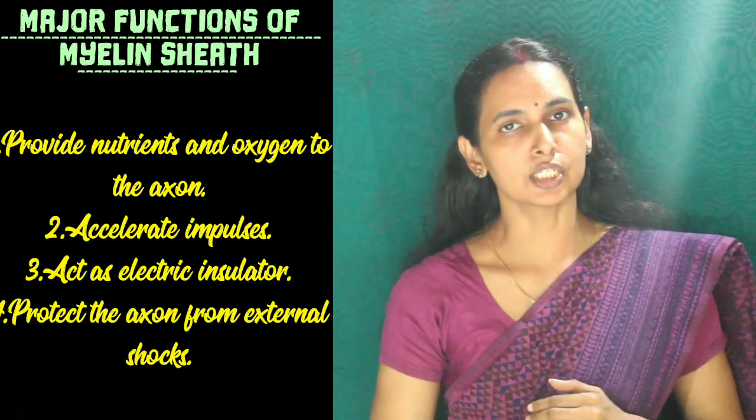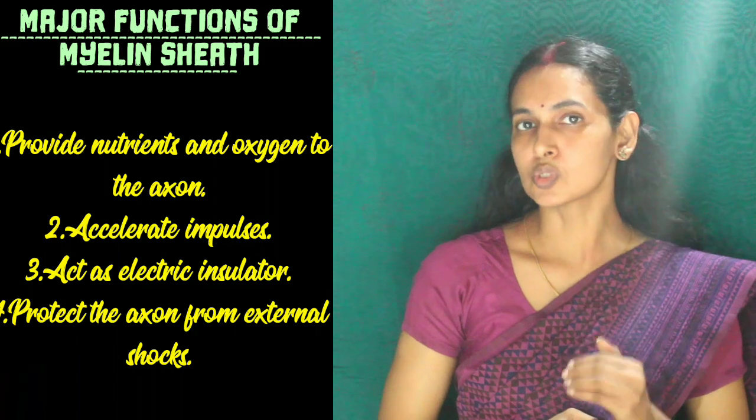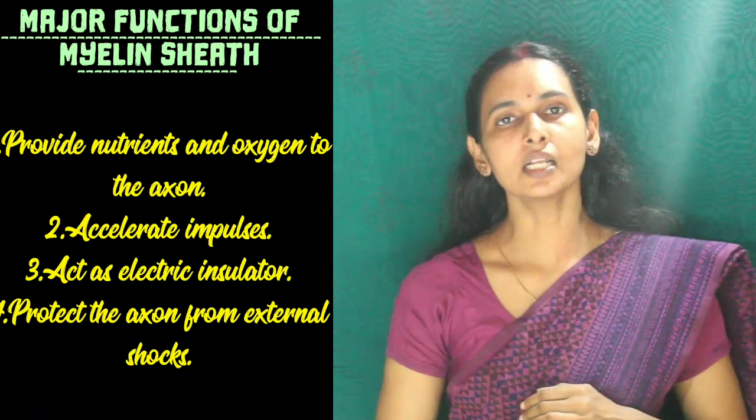The next function is to act as an insulator, and it also protects the axon from external shocks. These are the major functions of the myelin sheath. Myelin sheath is a lipid-containing membrane formed of two types of cells: Schwann cells and oligodendrocytes.